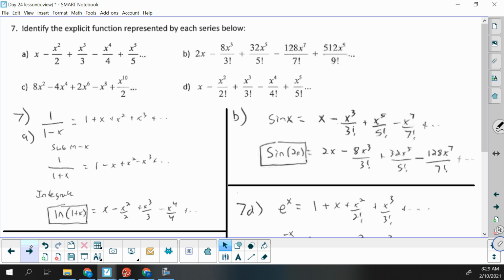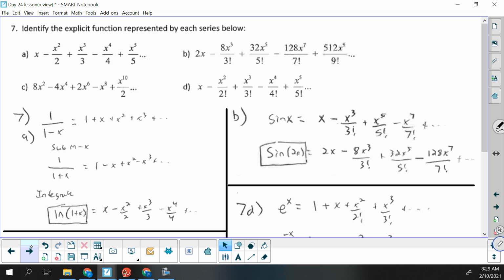All right, so these can sometimes be challenging. First thing to probably notice is that we could start with 1 over 1 minus x, which is just our geometric series where we're starting with 1 and multiplying by x each time. But we're going to need alternating signs. So imagine we sub in negative x.